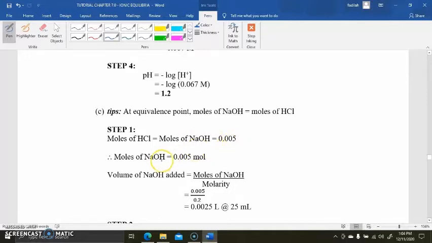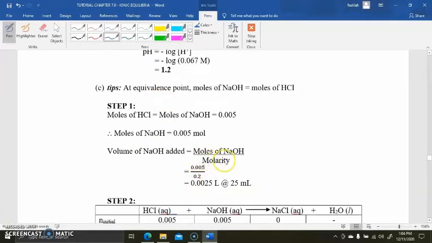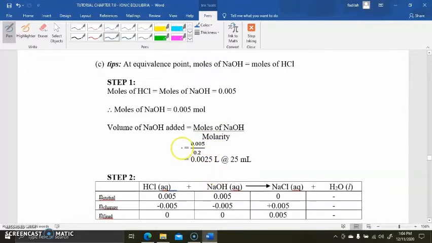Okay, so once dah tahu number of mole of NaOH is 0.005, kita kena tahu, untuk achieve equivalence point, berapa volume of NaOH yang kita kena add. So, kita masukkan dalam formula molarity ni. So, kita dapat, volume NaOH untuk achieve equivalence point adalah 0.025 liter ataupun 25 ml.